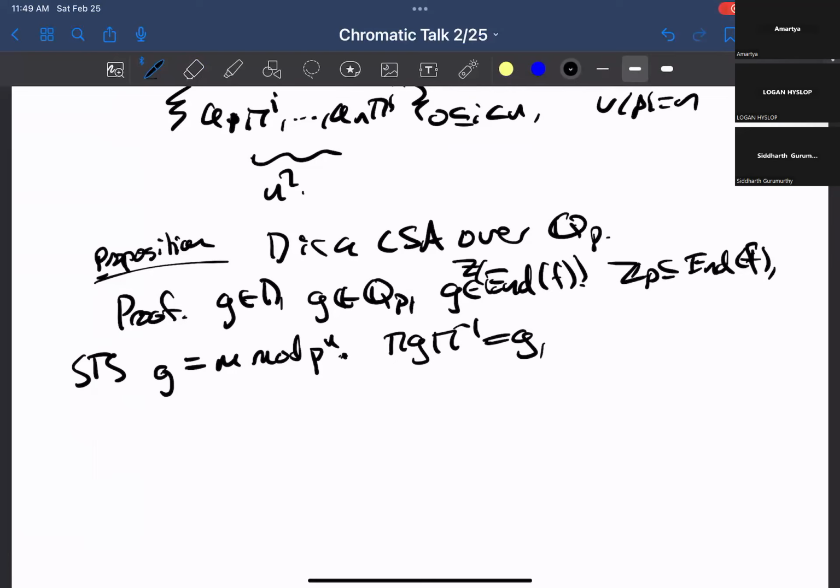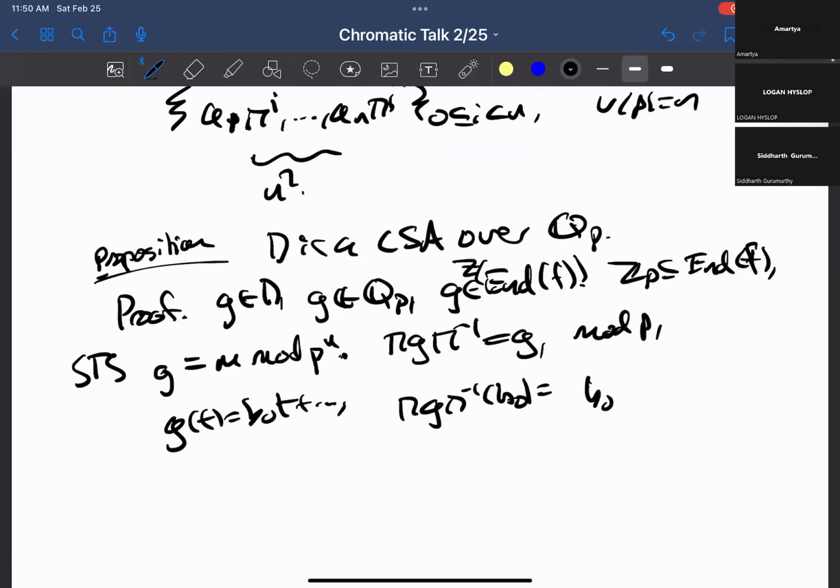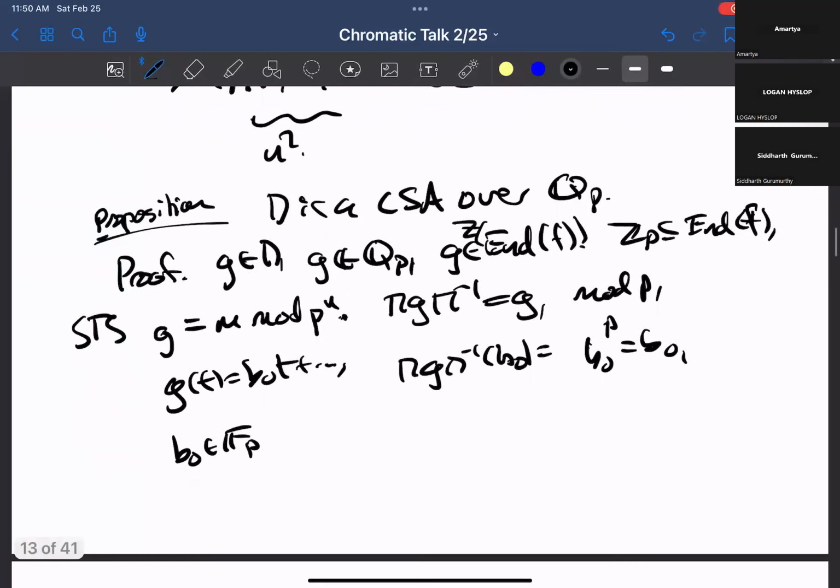If we look modulo p, so we're looking at g of T as b_0 T plus whatever else, then pi g pi inverse of b_0 is equal to b_0 to the power of p, which is equal to b_0, which says that b_0 is in FP in the residue field. So we can note that b_0 is an integer.